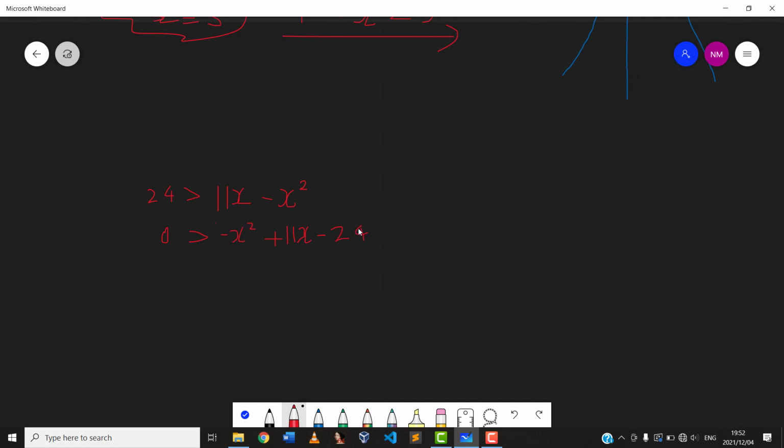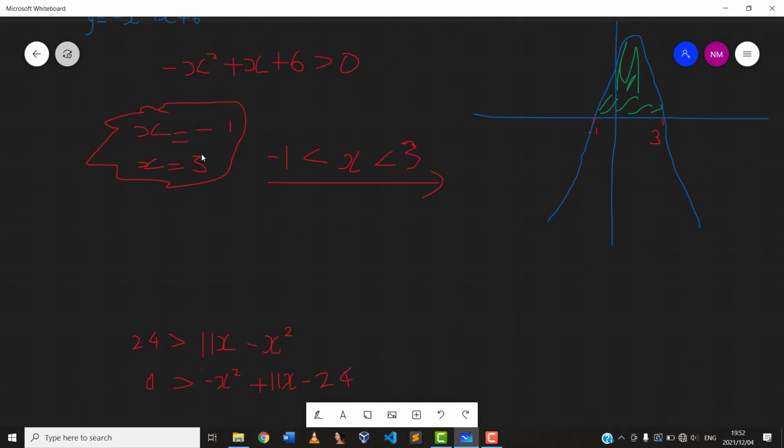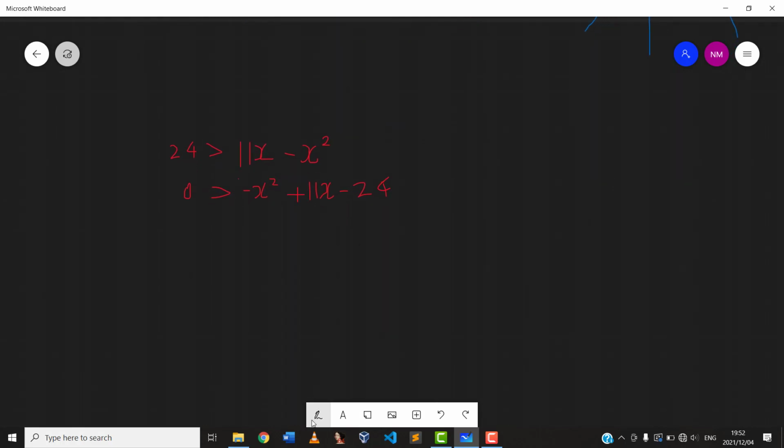And I just wanted to show you something. Say, for example, you don't really like working with negative coefficients in inequalities. You can always alter that by multiplying everything by minus 1. But you must be careful, because in an inequality, when you multiply by minus 1, you flip the inequality sign around.